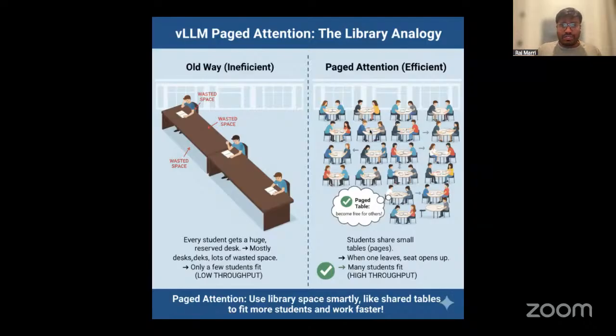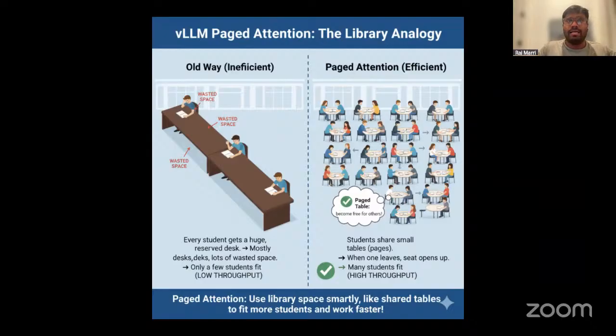Paged attention is where you're not using a huge desk, like imagine a huge desk where someone's writing an exam, but rather a smaller desk, smaller chunks that you create, just like pages in a book. You're not blocking all of the GPU memory, rather you're reusing any blocks which have been served. When one block is served, the new request uses those blocks, freeing up the space.